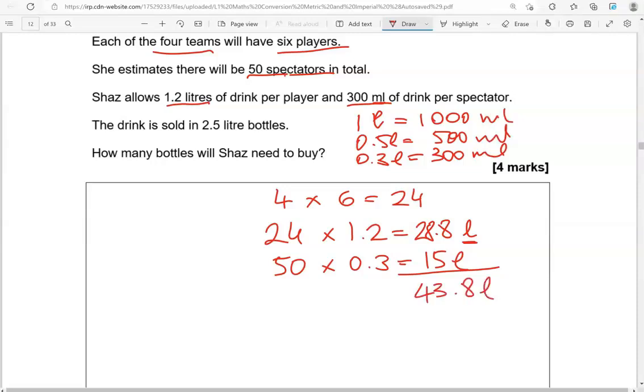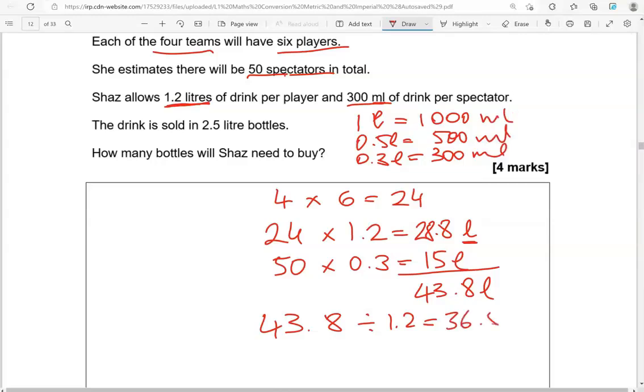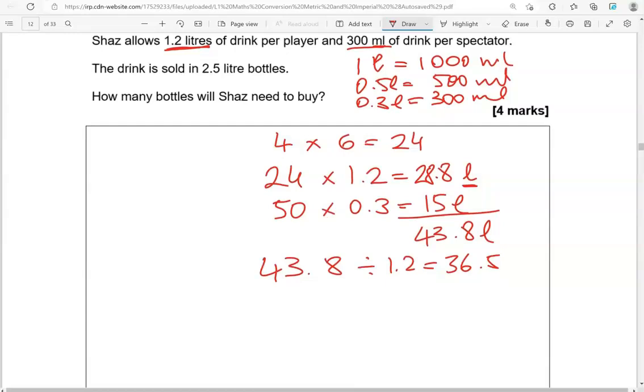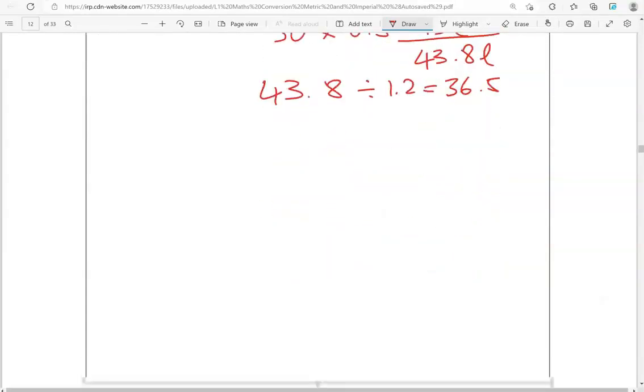And we've got that the drinks come in 2.5 litre bottles. So 43.8 divided by 2.5 gives us 17.52 bottles. So we can't buy part of a bottle, so we're going to say 18 bottles.